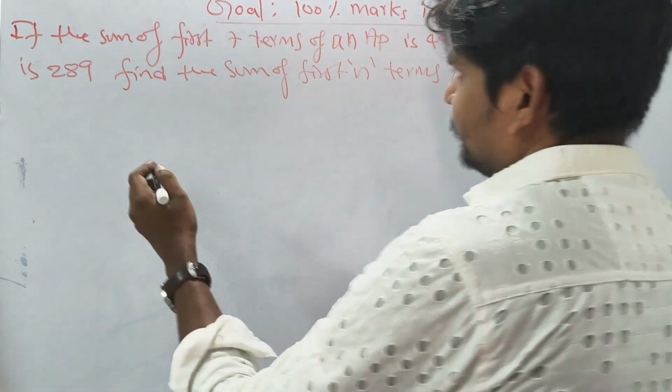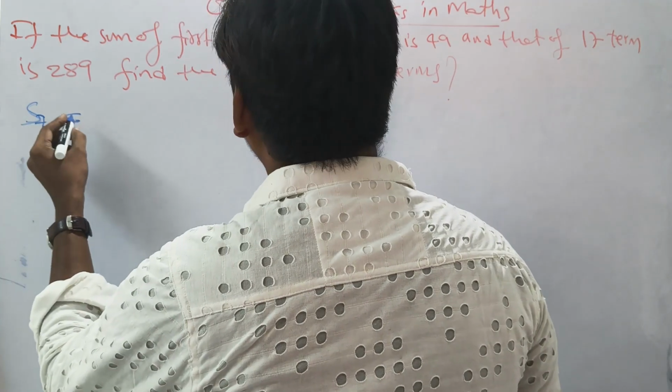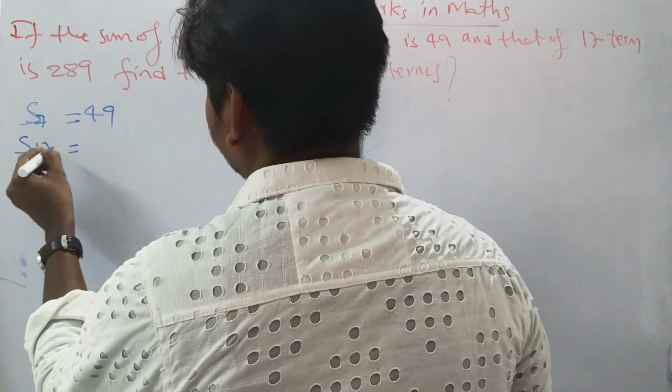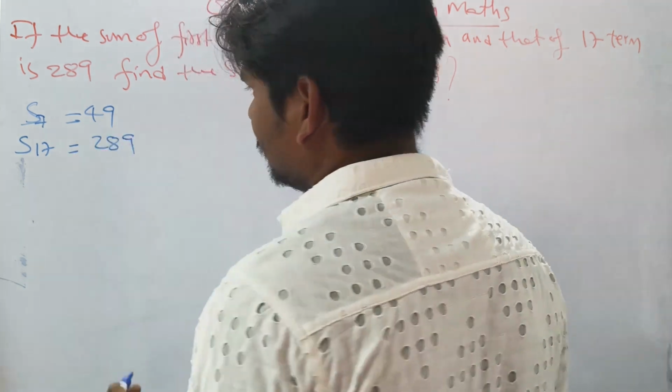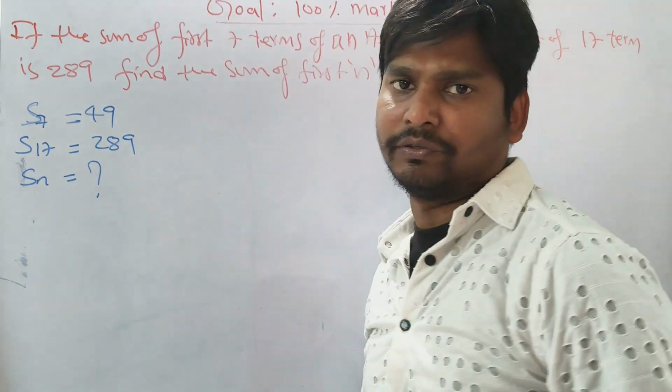Now see, what is the given information? S7 is equal to 49 and S17 is 289. Now we have to find Sn.